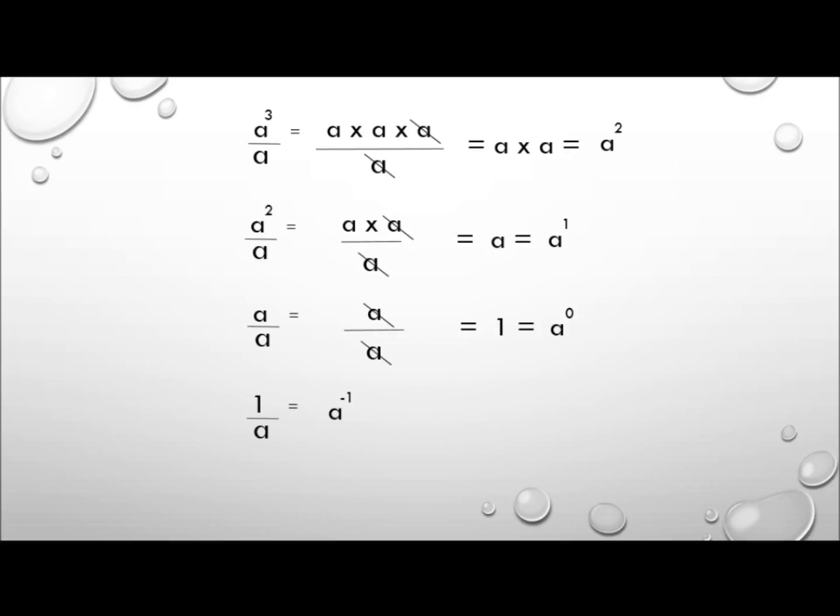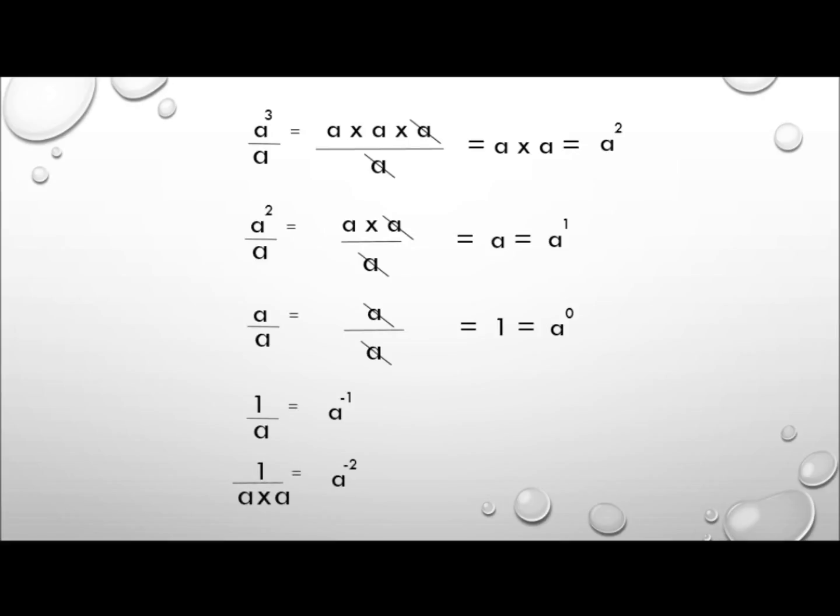So anything raised to the power negative 1 is 1 over that something, otherwise known as the reciprocal of that something. If you have 1 and you divide it by a number, that is called the reciprocal of the number.